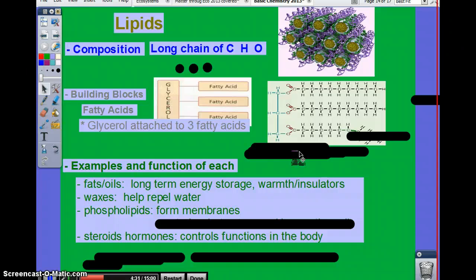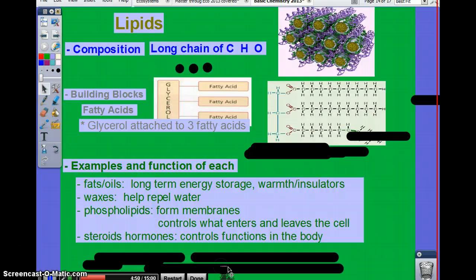What do membranes do for the cell? Protects it how? Maybe like the cell wall or something. Cell wall is different from the membrane. Membrane only lets certain things pass through. Exactly what it is. It controls what enters and leaves the cell.